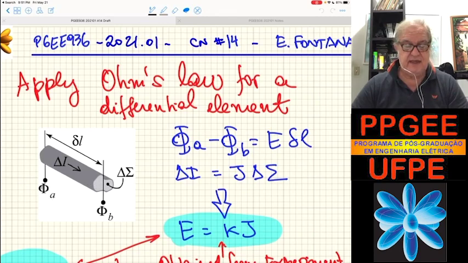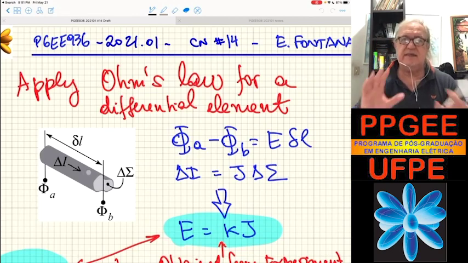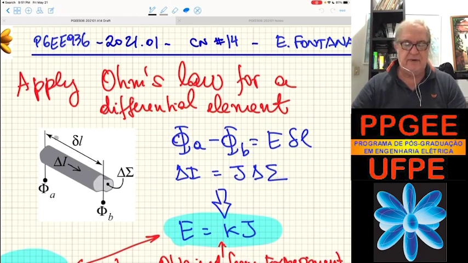Phi A is the potential at the input, and phi B at the output. This is very small, and the cross section is so tiny that the E field is aligned along the conductor. So we can use the scalar analysis here very simply. The potential difference, the voltage drop, phi A minus phi B, is the field that points from the upper to the lower potential, E, times the length, delta L. That's the relation we have. And the current is J delta sigma.